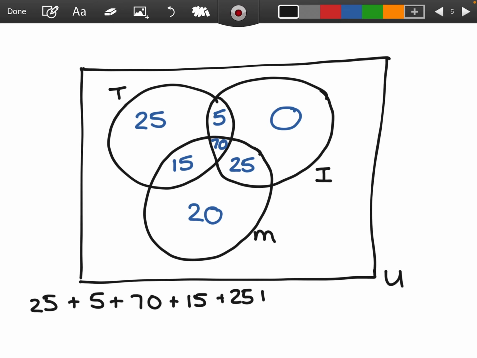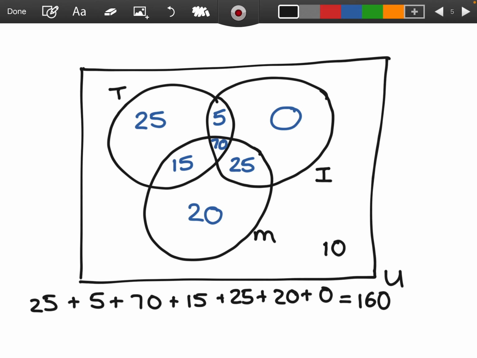So 25 plus 5 plus 70 plus 15 plus 25 plus 20 and then plus 0 that we had in the internet. When you add all of those together, you should get 160. Okay. Well, I had 170 clients in total. That tells me that I have 10 people that don't use any of these 3 types of media, but are still one of my 170 clients.